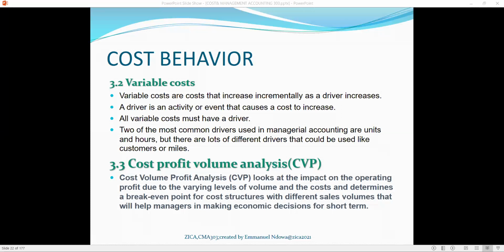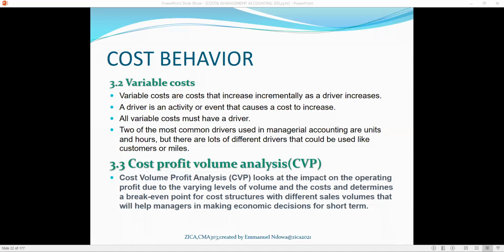So you can actually see that the driver will be the hours. And then if you work more hours, eventually the cost will increase as opposed to the period when you will not be having many hours. So that's the significance of variable costs.